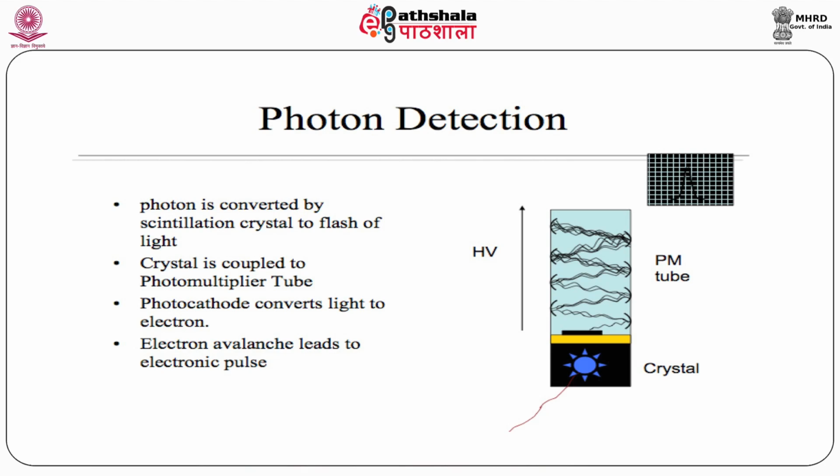This light finally hits the photomultiplier tube, which converts the light signal to electrons, which get multiplied by different dynodes coupled with different voltages. With a lot of electrons being generated, a picture is finally given and an image is created, and the object in our case is a patient.